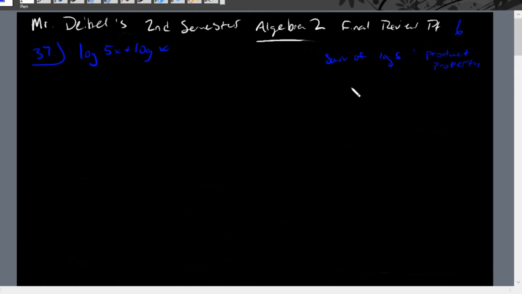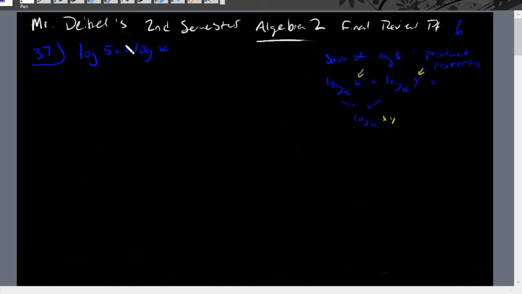And what that means is that if you've got two logs that have the same base, so they both have a base of a, and you're adding them together, you can condense them into a single log with that same base, where you multiply these two things together. So that'd be x, y. That is the product property.